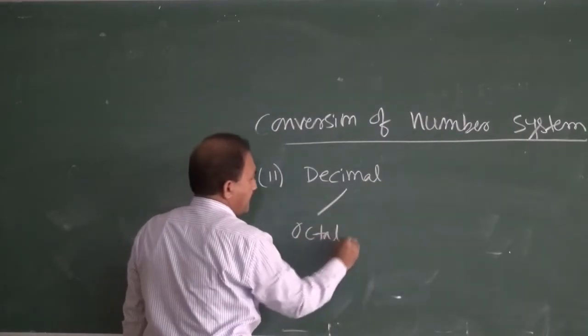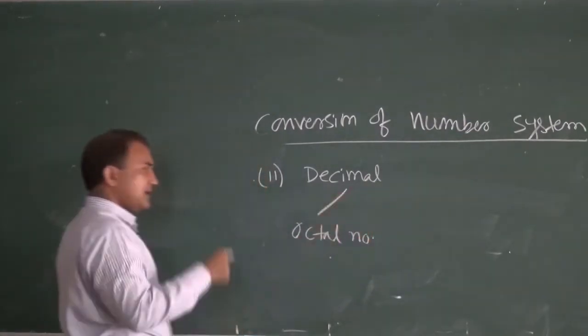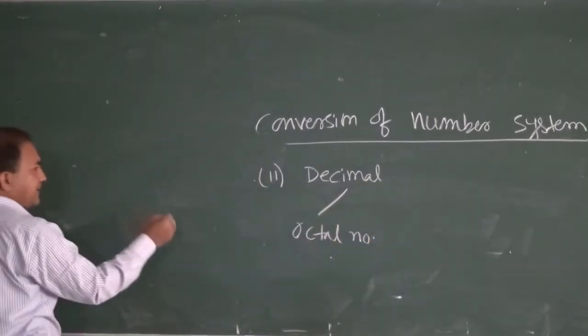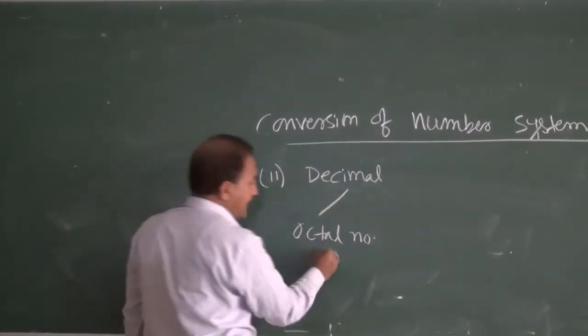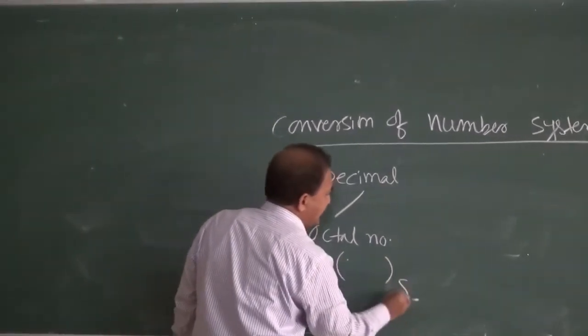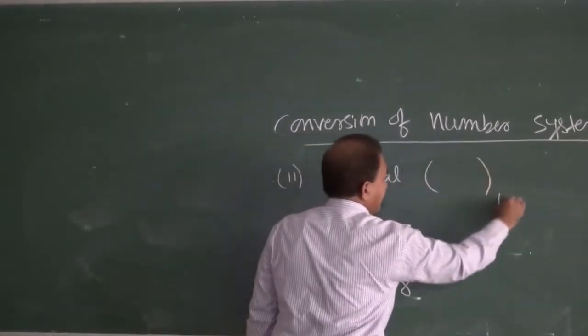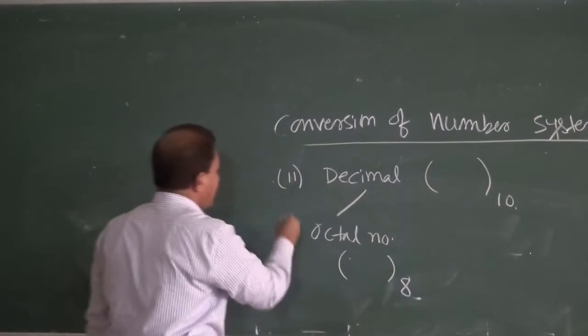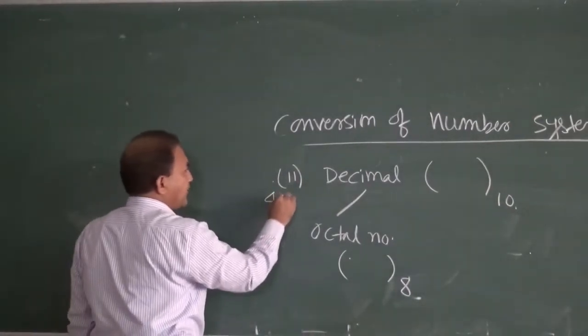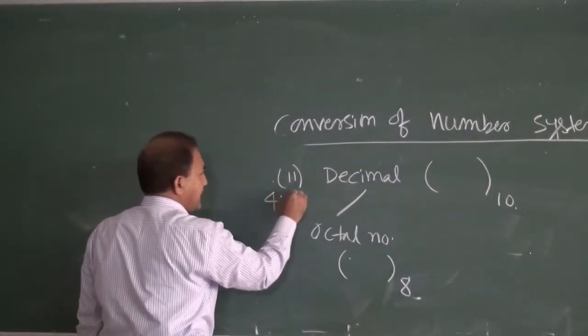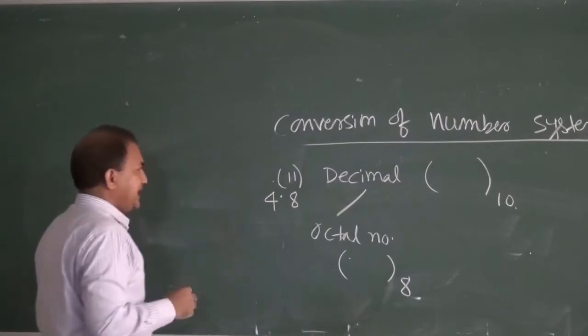Then the second one is from decimal to octal number. The process is the same. In an octal number, the base is 8. Here the base is 10. Suppose you want to convert 4.8.